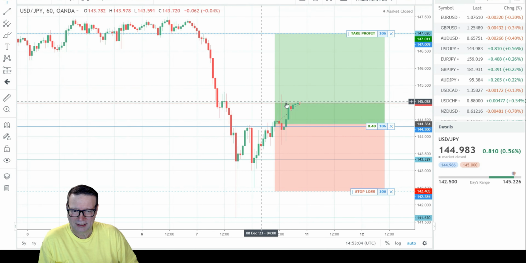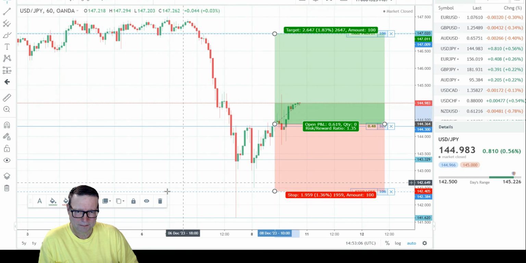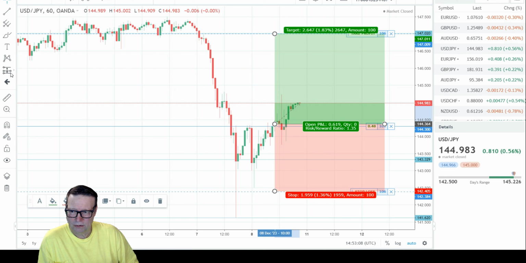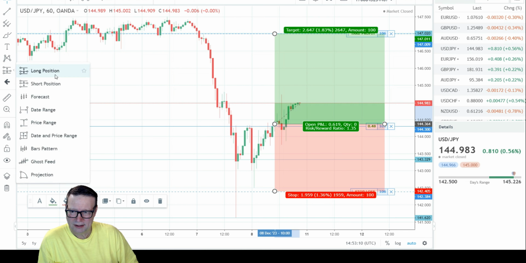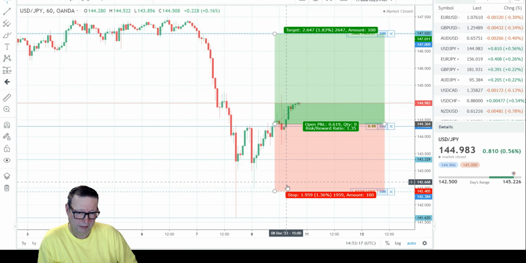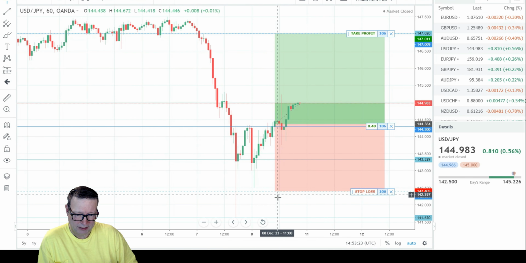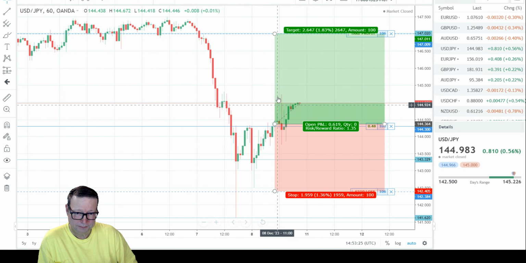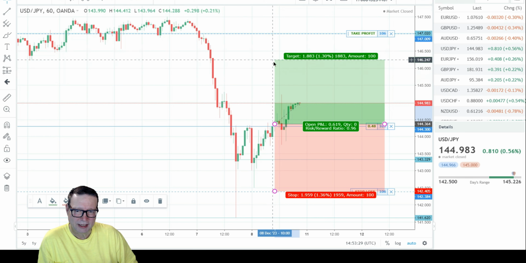One I like a lot is this one. If you go over to here, you can click on this for long positions, short positions, and other things. But I basically use it for long and short, and we'll bring up this box. And you can mark your stop losses, where you want your stop, and targets. And then you can move it around to set it to where you want.